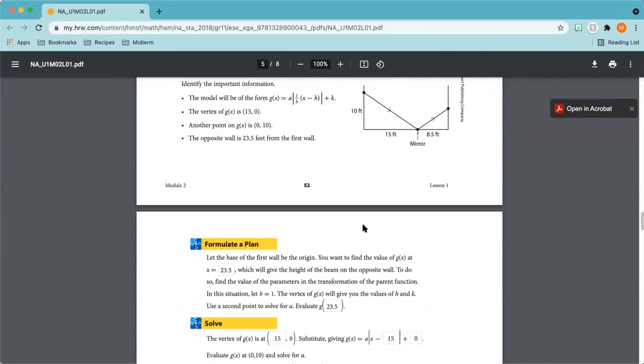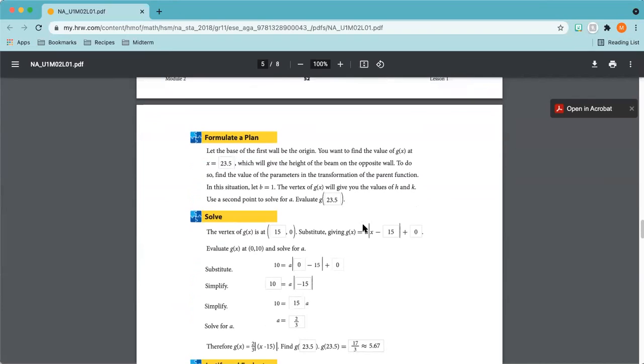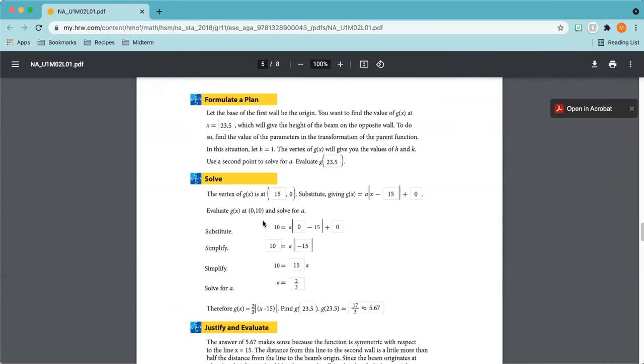I really hate that my annotations move and they don't stay on the graph. Okay, you want to find the value of g of x at x equals 23.5, which will give the height of the beam on the opposite wall. We kind of already know that. We're looking for the one over there. Last thing is that it says evaluate g at 23.5.